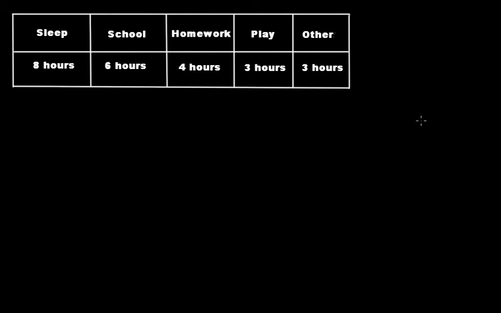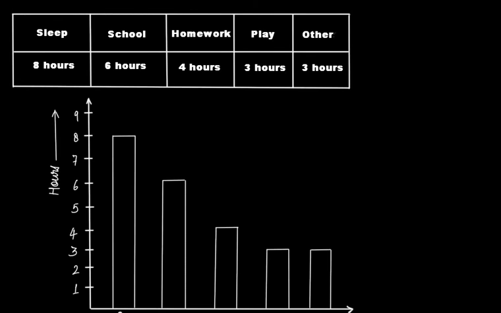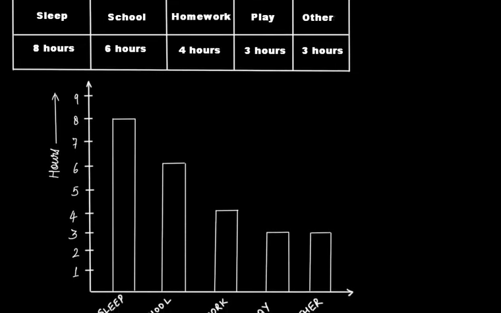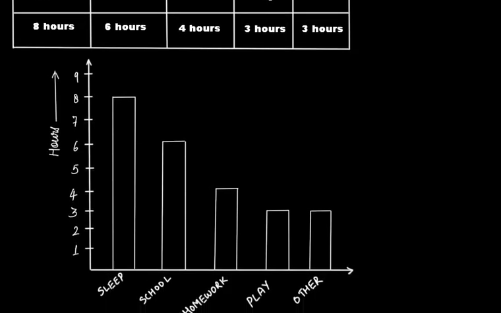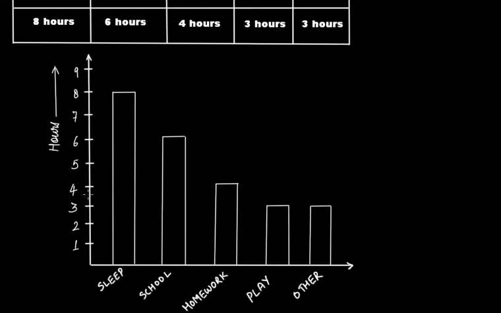Now, if we have to represent this data using a bar graph, it will be something like this, right? On this vertical line we have hours, on this horizontal line these are your activities, and the height of all these bars tells us the hours you spend daily.